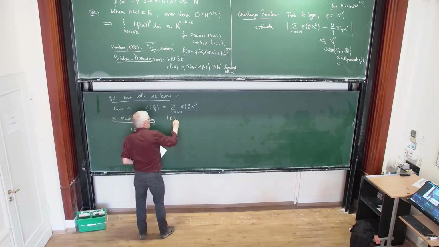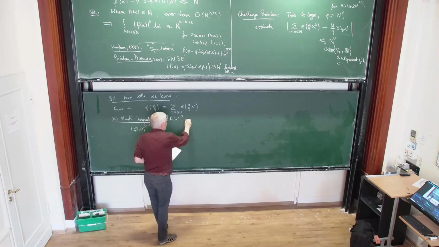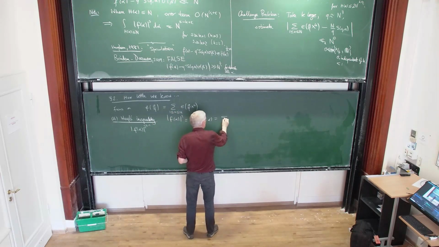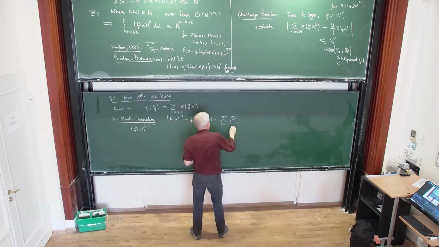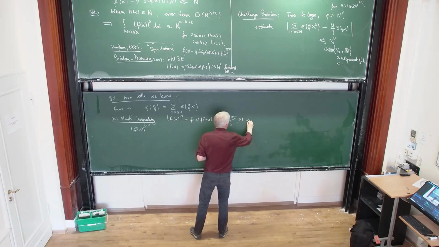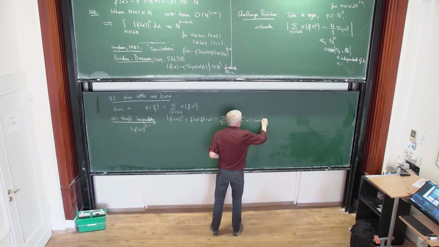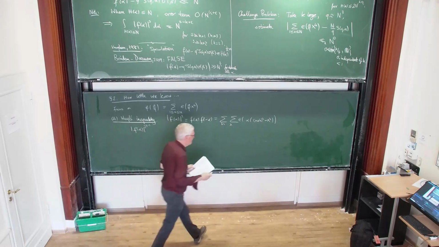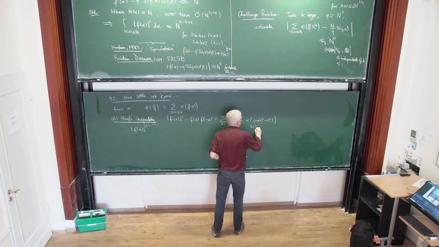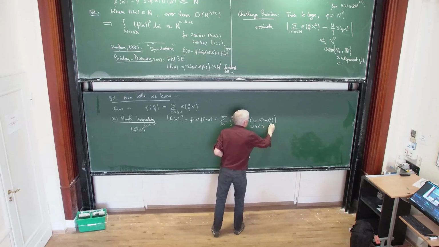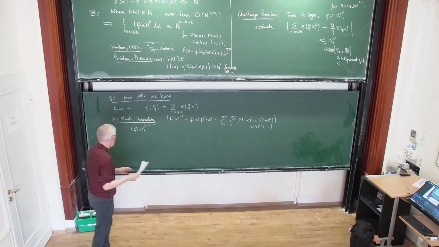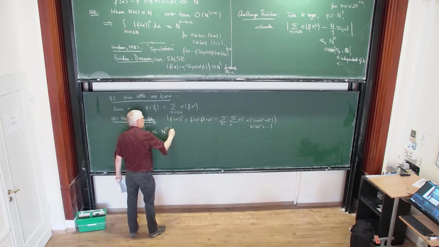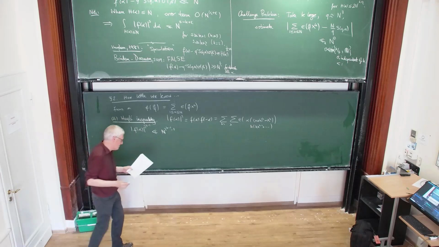You make use of the fact that f of alpha squared I can write in terms of a forward difference operator, and you can think of this as being associated with a polynomial of degree k minus 1. If you repeat this enough times, then you reduce the degree of the polynomial to 1.